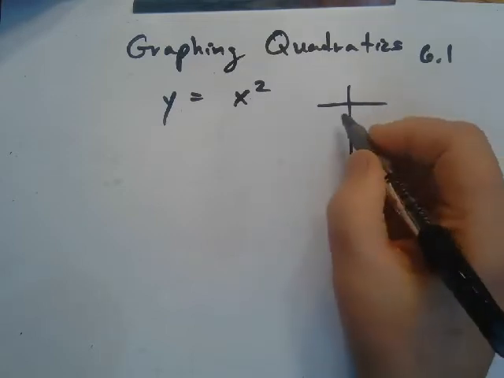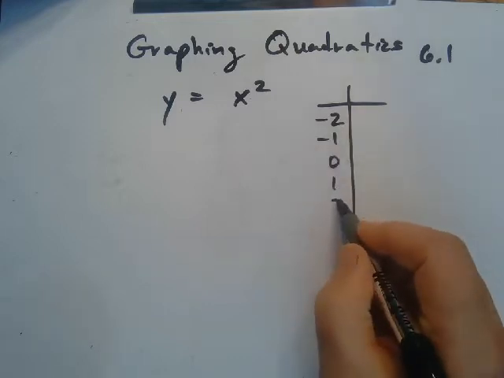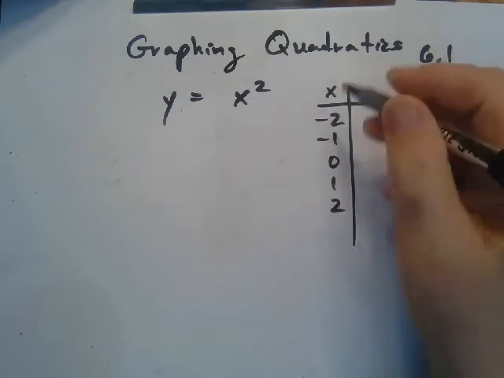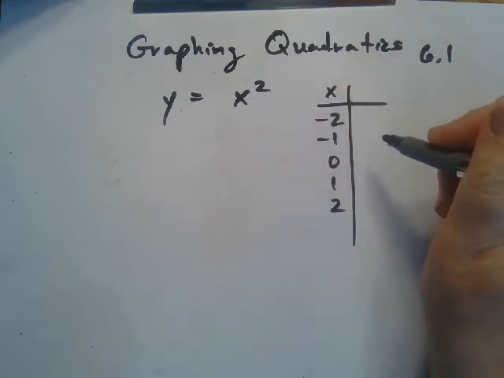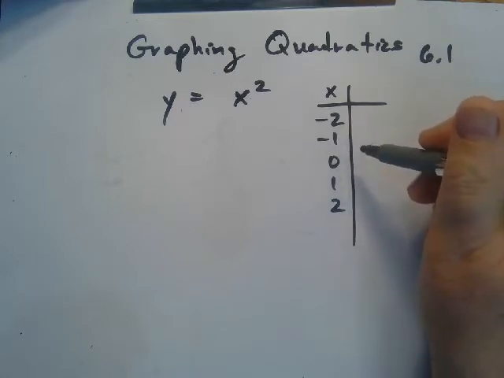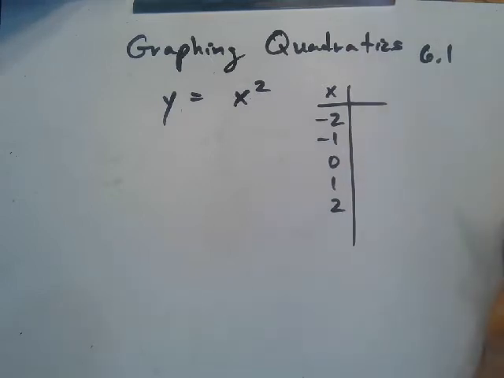I'm just going to pick them out of the air. Let's pick a couple negative values and 0, and a couple positive values. Picking values like I just did here, you're really taking a chance, because you don't necessarily have a very good range of values to pick. But we're going to pick these just for the moment, okay?